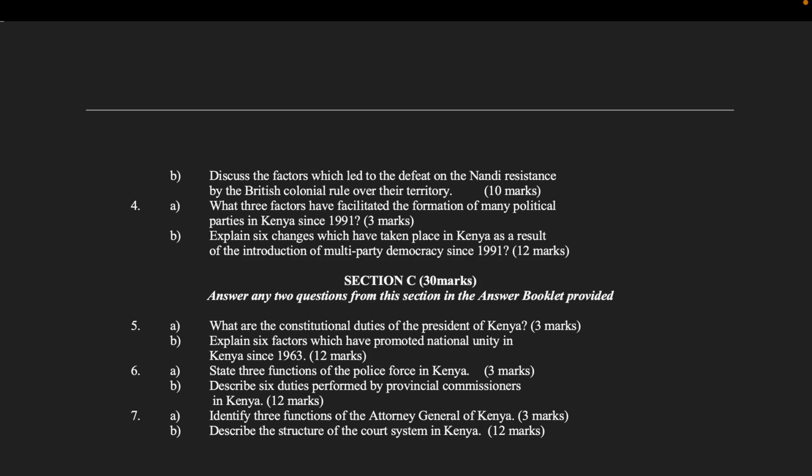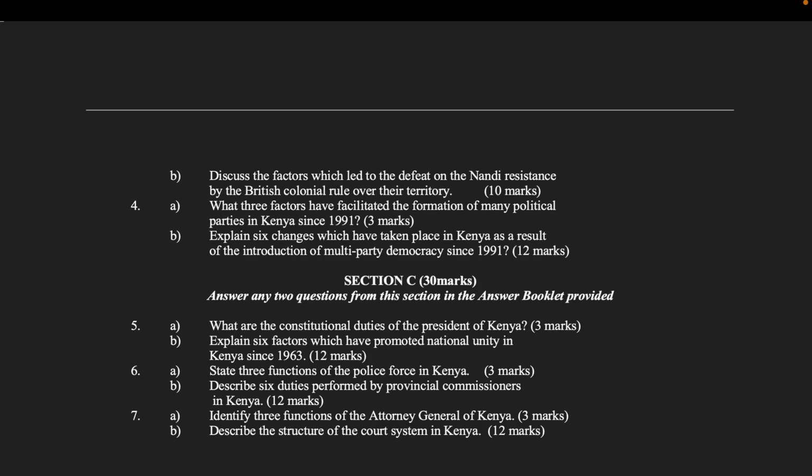The British tricked the Nandi and used treacherous methods, for example in October 1905. The commander of the British troops in Nandi territory, Captain Meinertzhagen, arranged to have a meeting with the Nandi Orkoiyot, Koitalel Arap Samoei, when he had already arranged to have him killed. The Orkoiyot was killed in cold blood by the British, and this demoralized and weakened the Nandi.